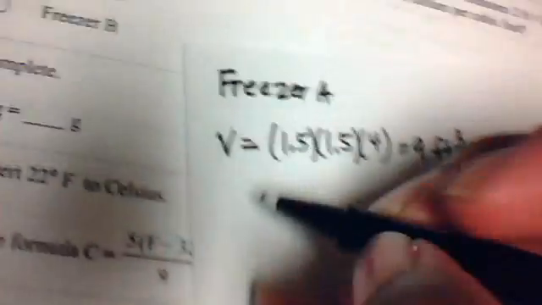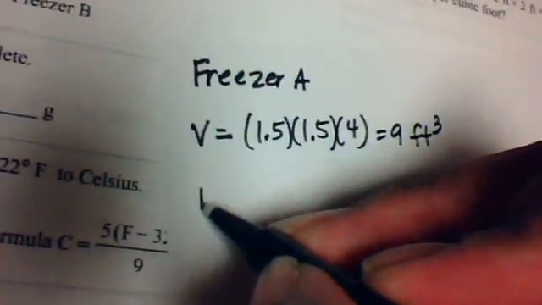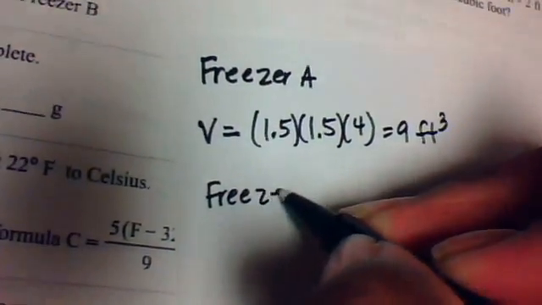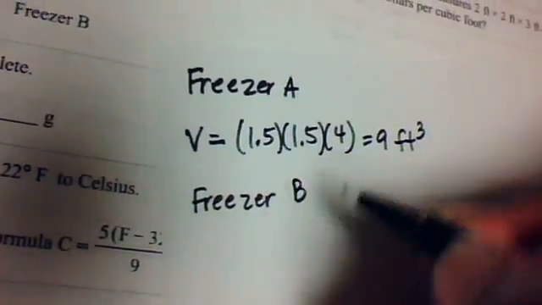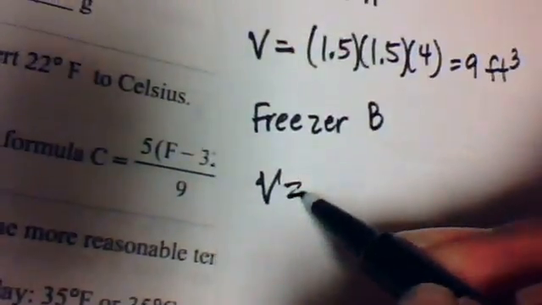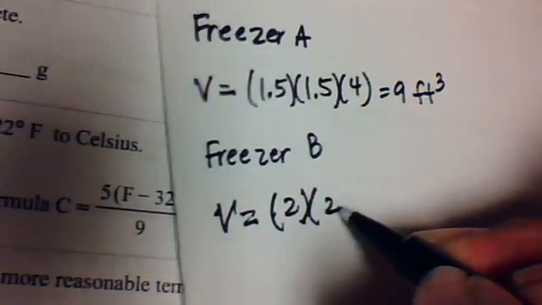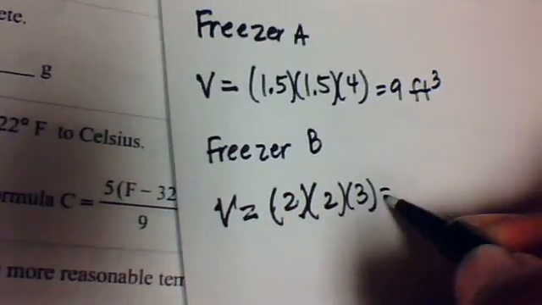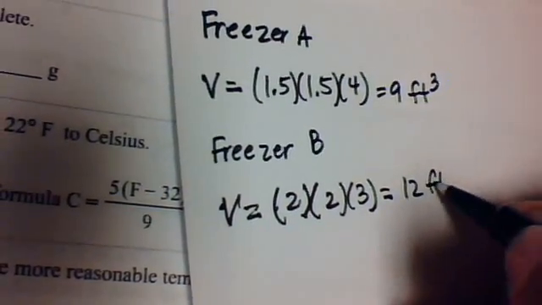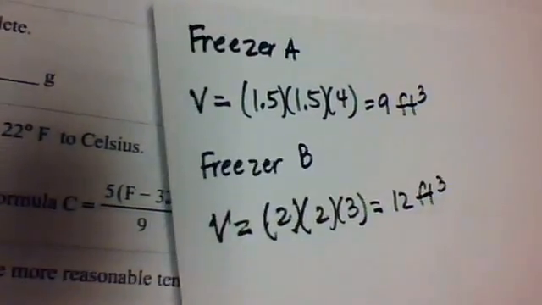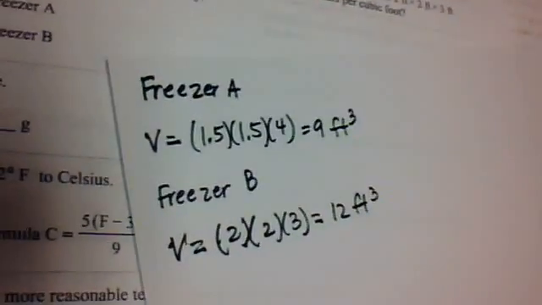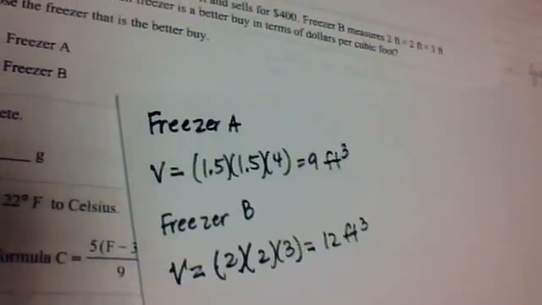Now freezer B, let's find out what its volume is. 2 feet by 2 feet by 3 feet. That's 2 times 2 times 3, which will be 12 cubic feet. Okay.